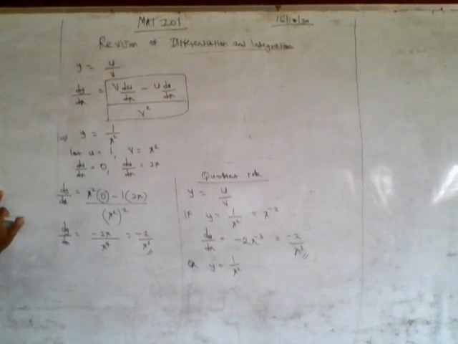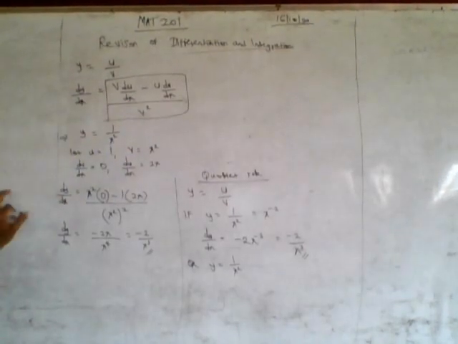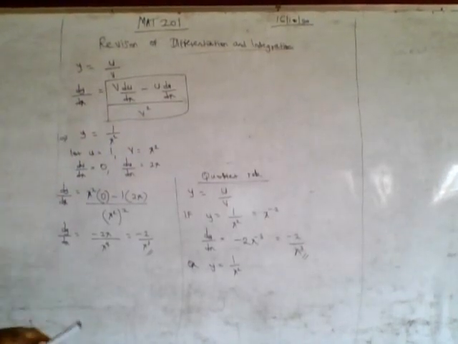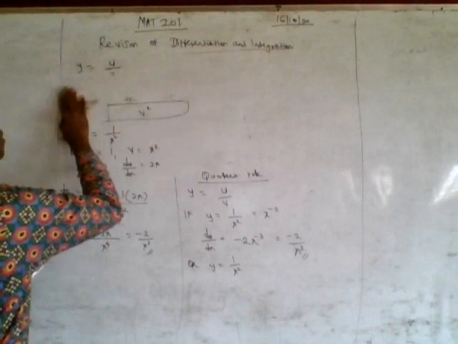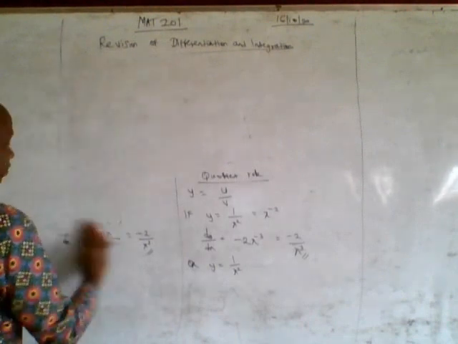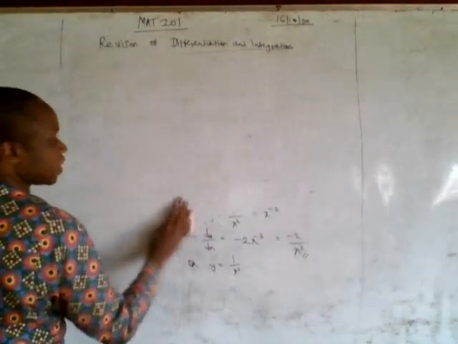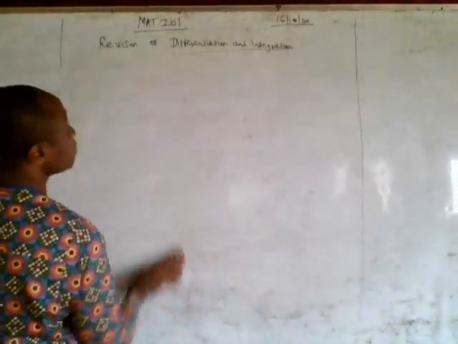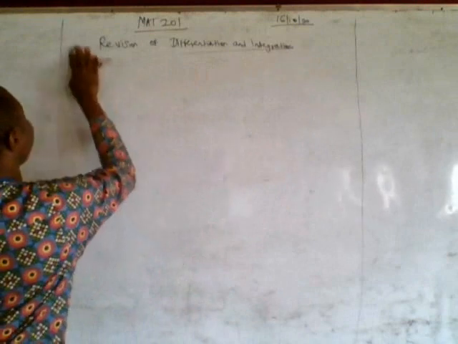And if I have the quotient rule, a function of two functions dividing each other, then I will bring in the quotient rule, which is this. Alright, we look at differentiation of composite functions. Some call it function of functions.